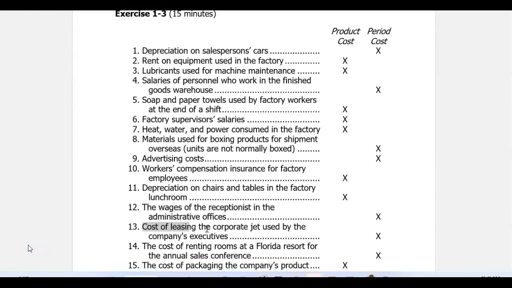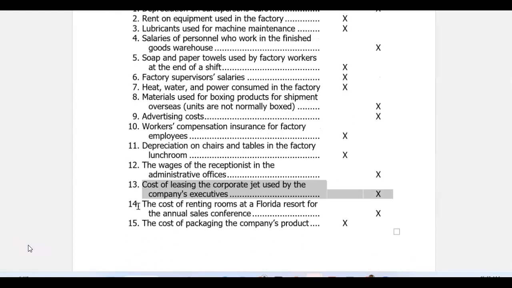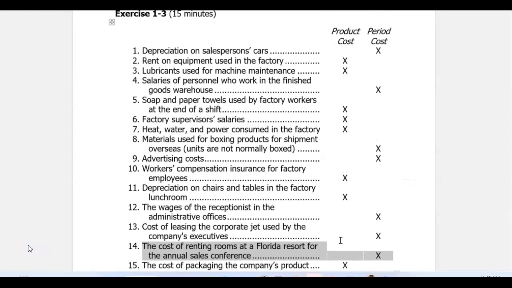Cost of leasing the corporate jet used by the company's executives, that is operating expense, general administrative expense / period cost, right there. The cost of renting a room at a Florida resort for the annual sales conference, that is operating expense, selling expense and period cost.